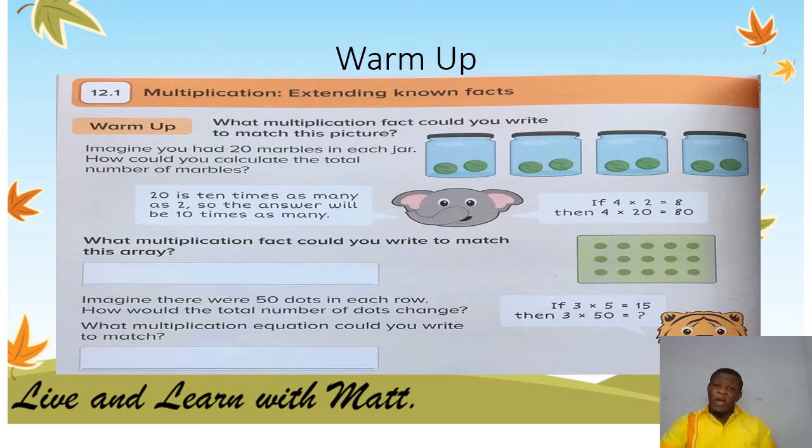Now imagine you had 20 marbles in each jar. How could you calculate the total number of marbles? 20 is 10 times as many as 2, so the answer will be 10 times as many. So if we have 4 times 2 equals 8, then 4 times 20 equals 80.